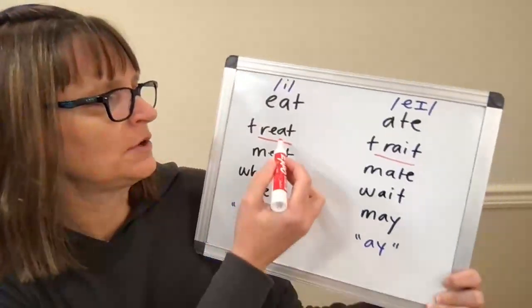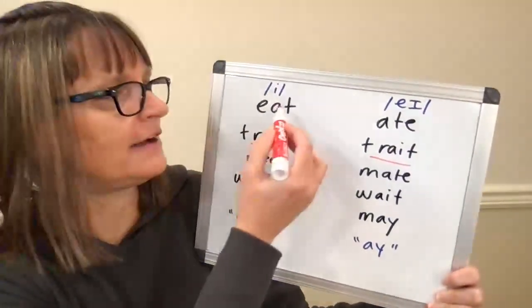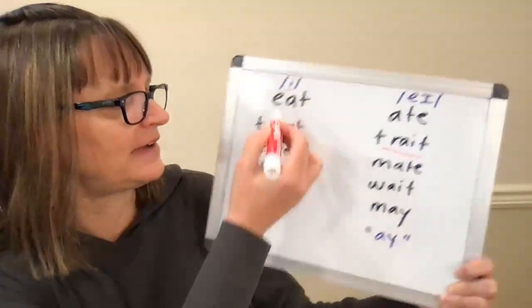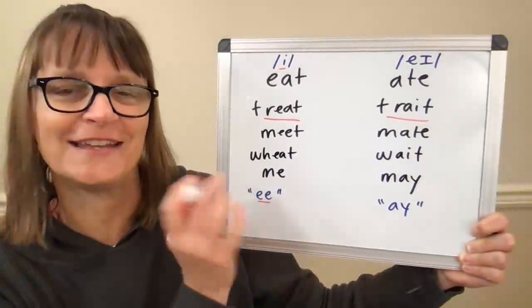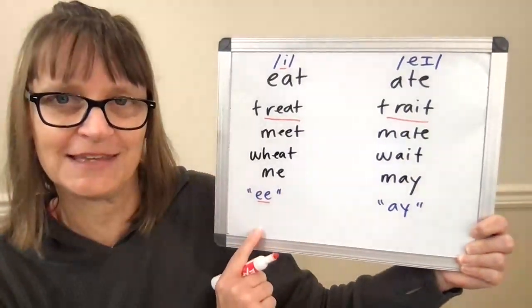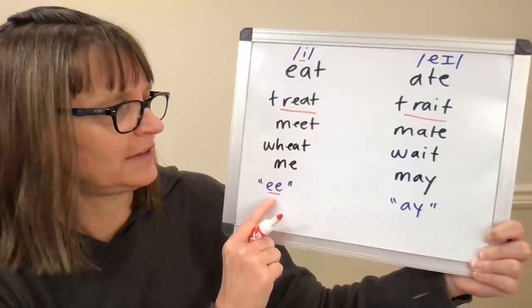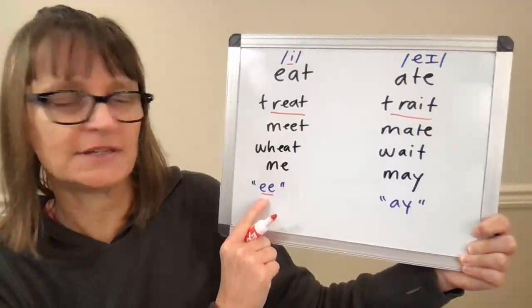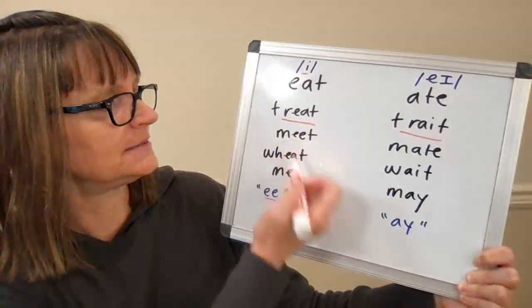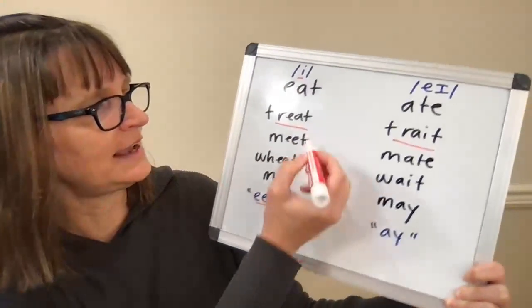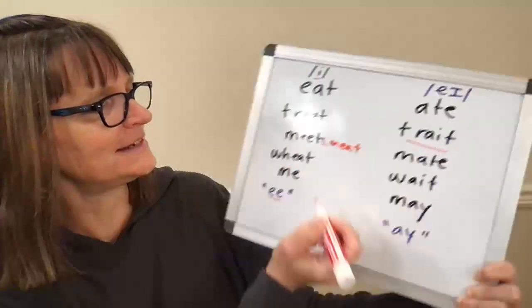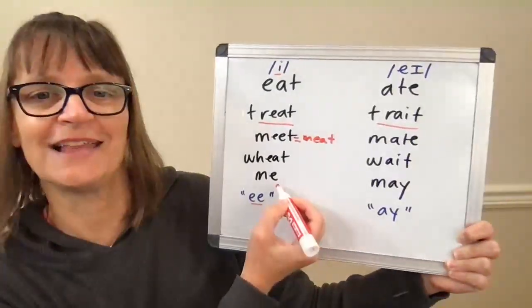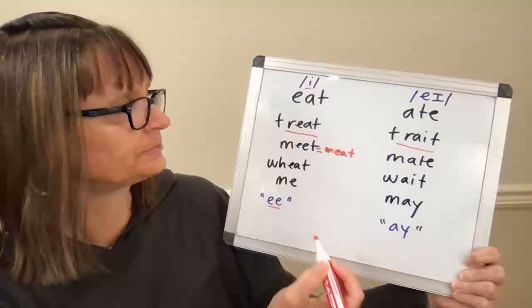So in the word treat, we have the E vowel. And sometimes I write it this way to think of that E sound, because typically the E is spelled with either the letters EE, as in meat, or the letters EA, as in meat, the other kind of meat, or just the letter E like in me or we.